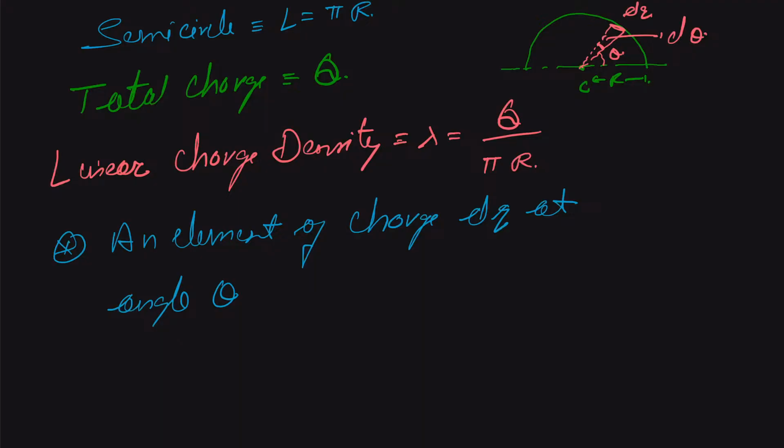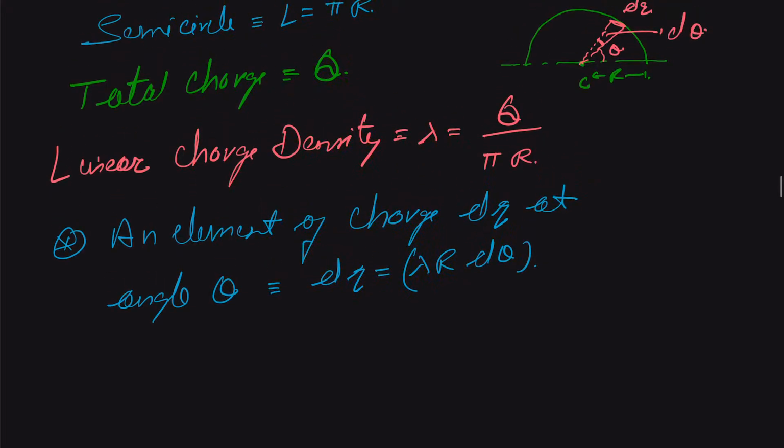Therefore the charge on this element, dq, will be equal to charge density times r d theta, and theta goes from 0 to pi because it is only half.